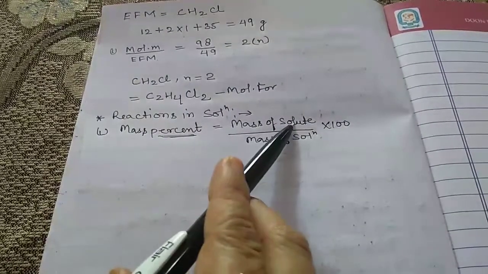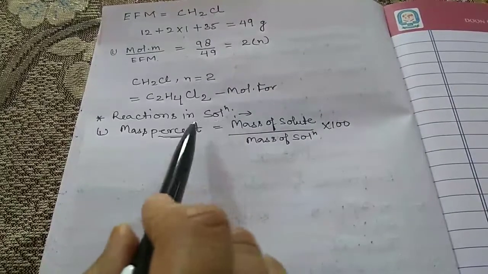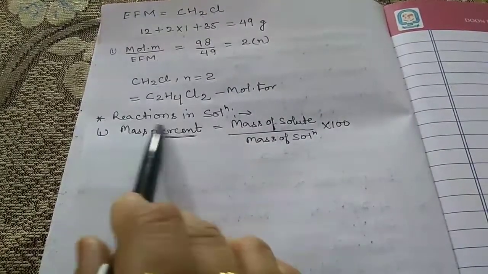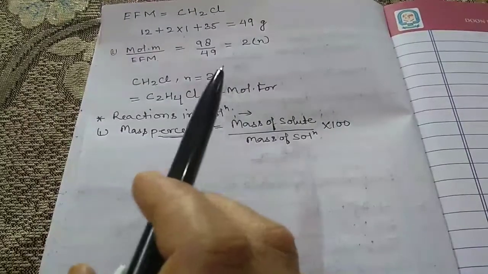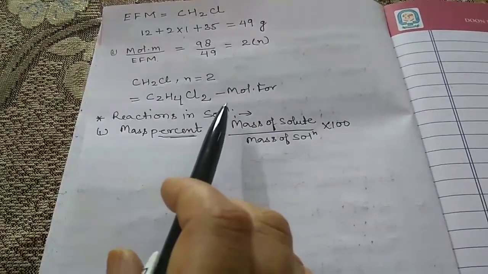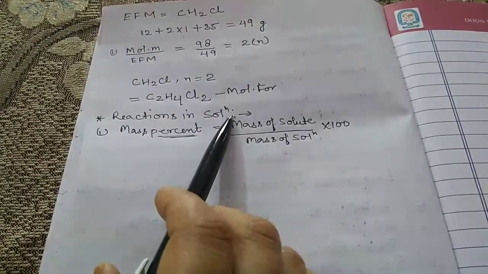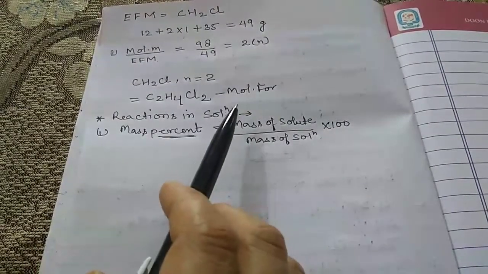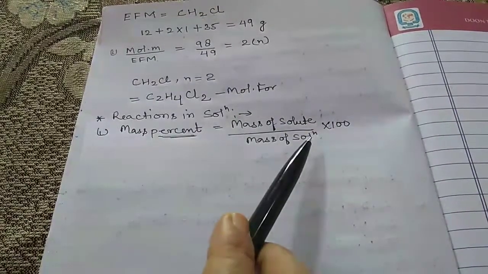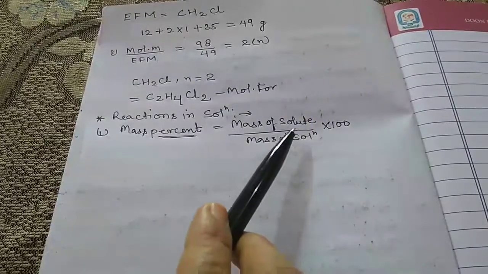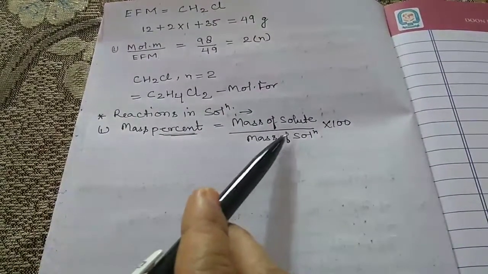Here I am using the words solute and solution because we are finding the mass present in the reaction that happens in the solution. If we are talking about the solution, we know that the solution has two parts. One is the solute and another one is the solvent.